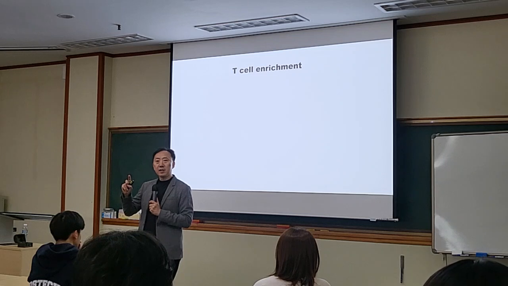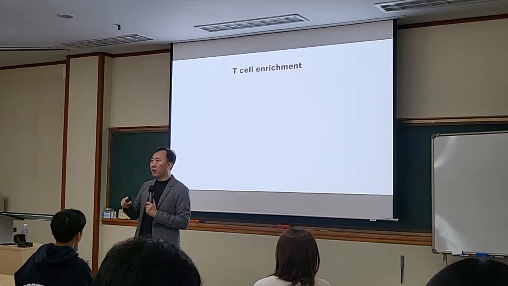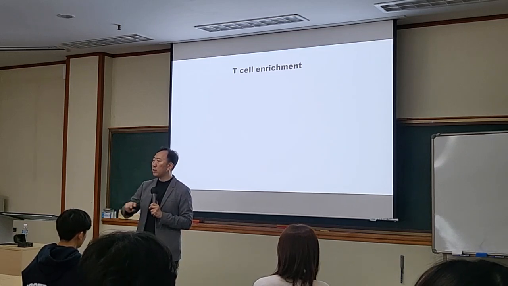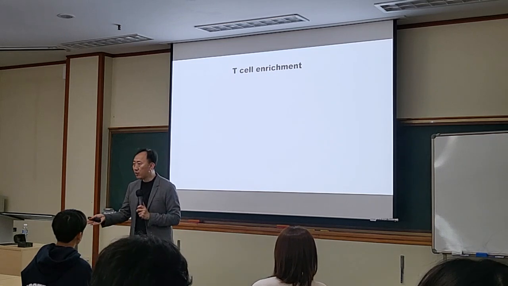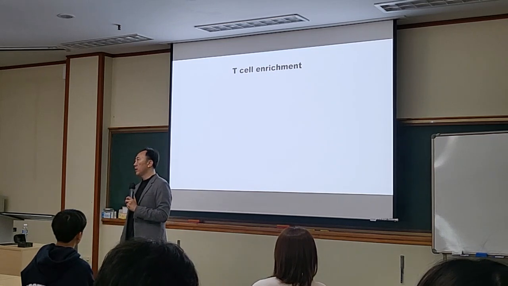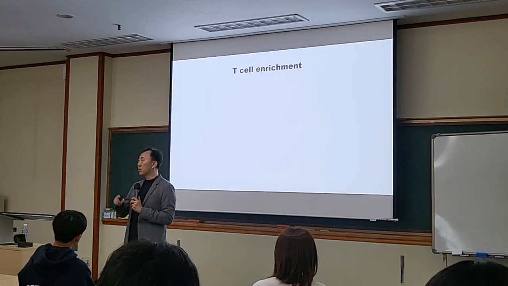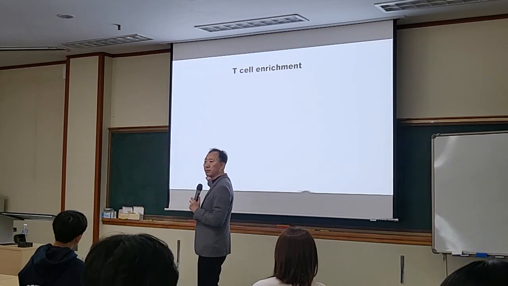The problem is that those molecules are functional molecules. CD8 and CD4 are not just showing identity; they bind to the MHC. If you add antibody to those functional molecules, it can change the property of the cells. So if possible, you don't want to touch your positive cells. In this case, the positive cell is the CD8 killer cell.